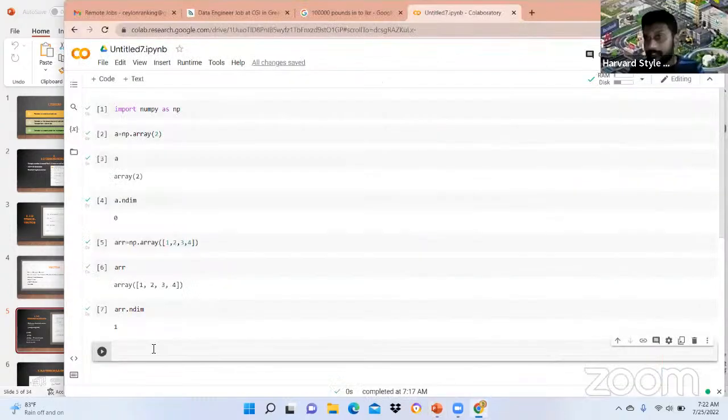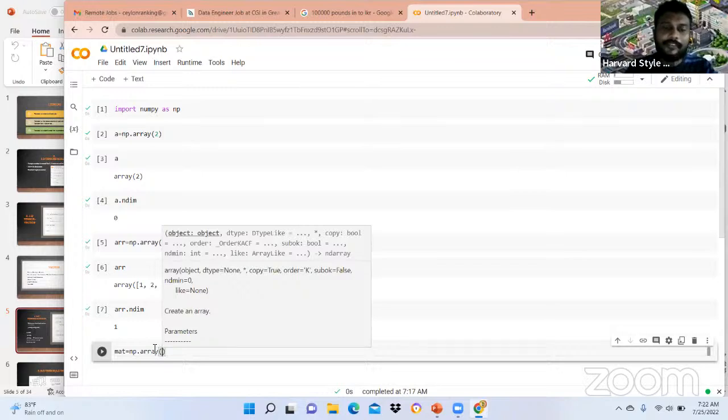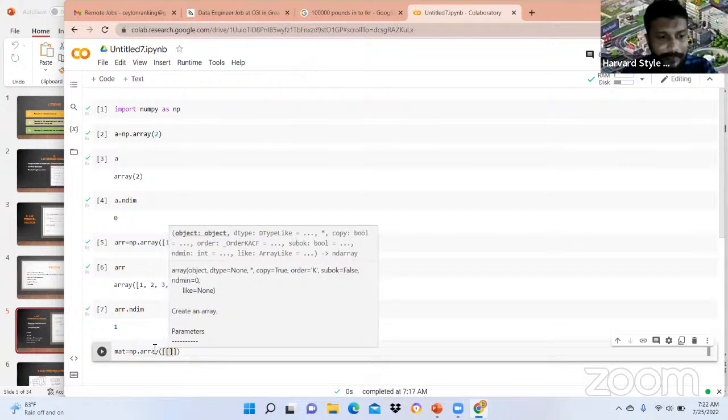Now I'm going to represent the matrix. I will take the name as MAT. MAT equals np.array, because I am going to store it as an array. Now there is a collection of lists, and I'm taking all these collections, so I have to store it as a 2D array. Therefore, I put it this way.